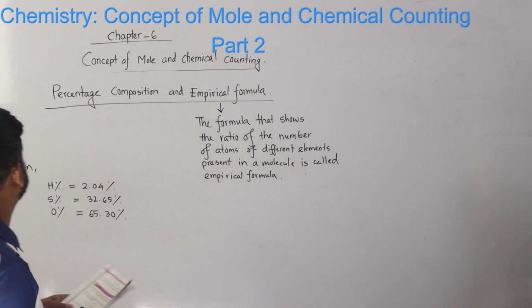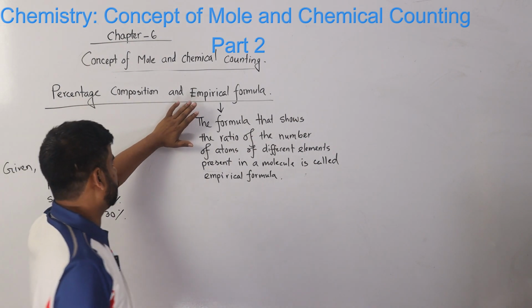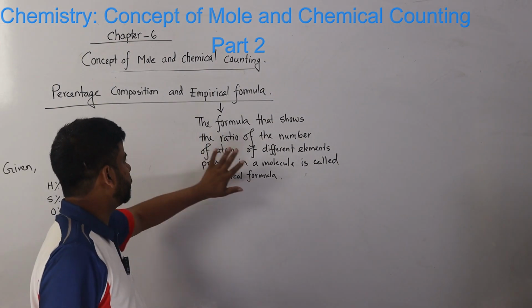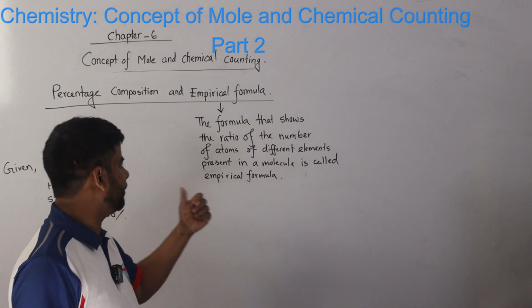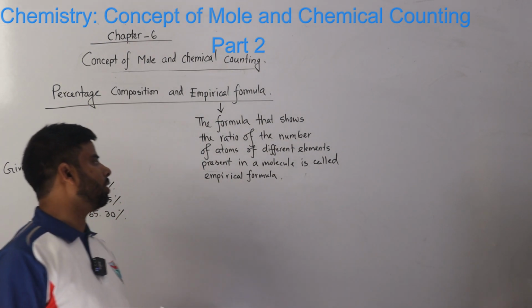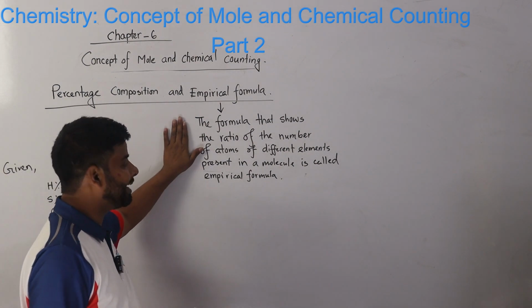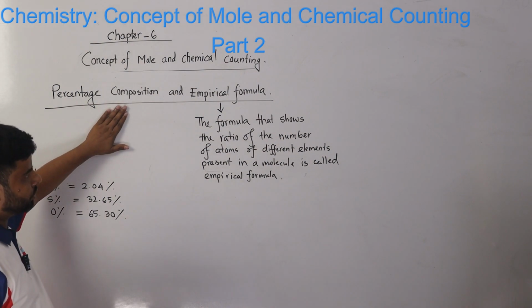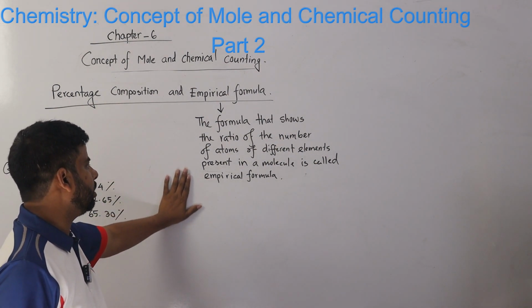Now we'll discuss percentage composition and empirical formula. So what is the empirical formula? The formula that shows the smallest ratio of the number of atoms of different elements present in a molecule is called the empirical formula.